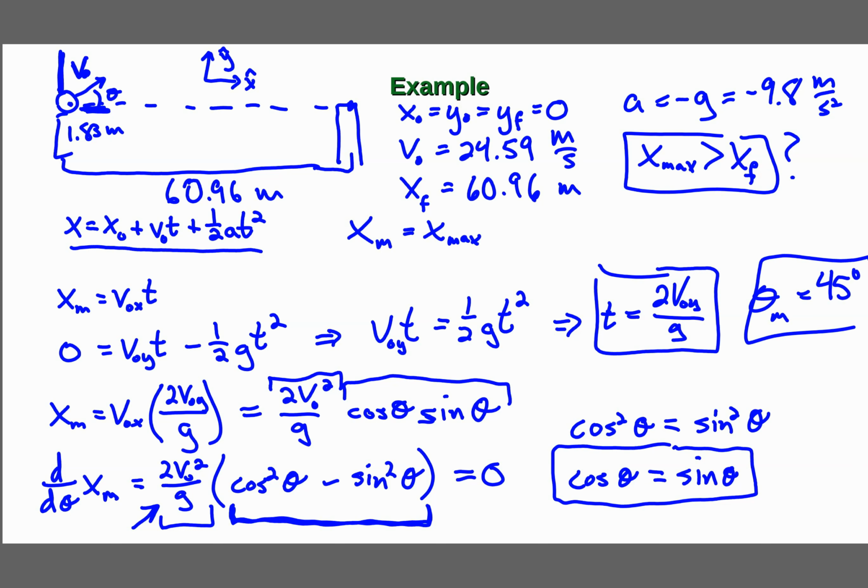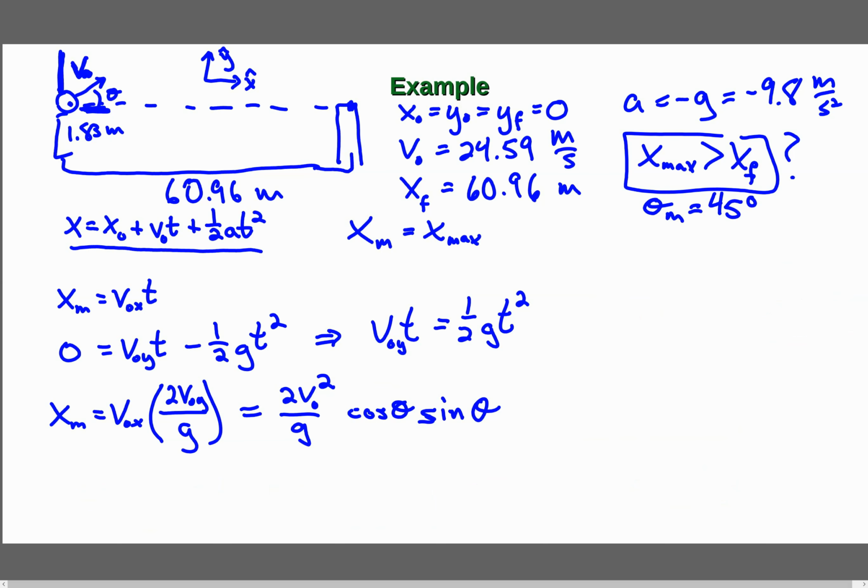And our general result is, if our starting height and our finishing height are the same, and we know some fixed initial velocity, then the maximum distance for projectile motion is when we launch it at a 45-degree angle. So now we have our general result. When we launch and land at the same height, theta max is 45 degrees.